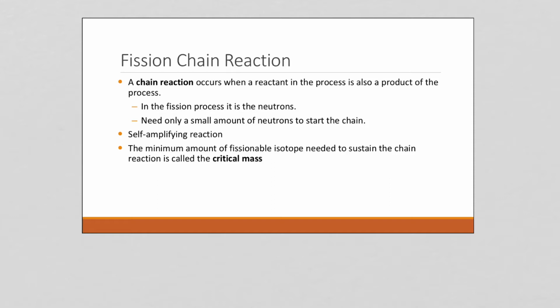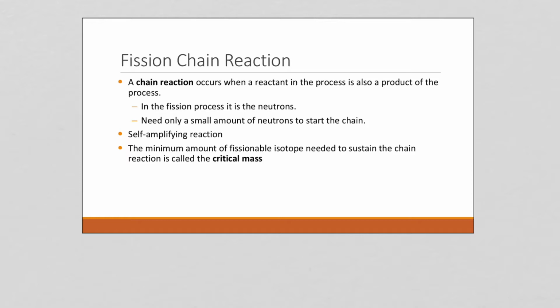It's what we call a self-amplifying reaction, right? Because we get 1 neutron, we potentially get 3 out. And each of those three could potentially get 3 more out each time. So we can go from 1 creates 3, those 3 can potentially create 9, those 9s can create 27, and you see how that could keep going on and on and on.